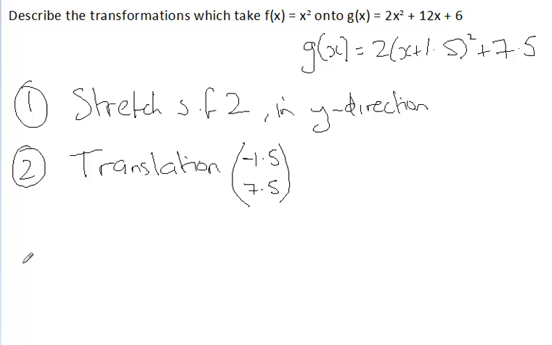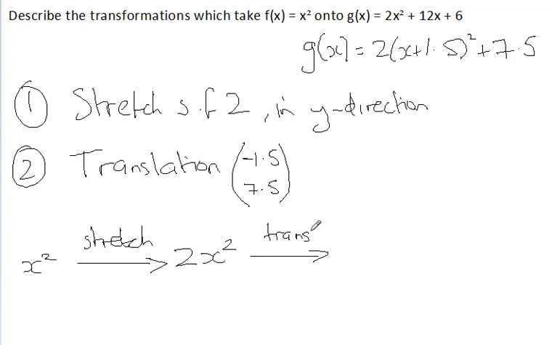If I start off with x², which is what I started off with, and I stretch first by scale factor 2 in the y direction, then I get 2x². If I then translate, then I've got my 1.5 squared in there, plus my 7.5. So stretching and then translating does give me the equation that I need.